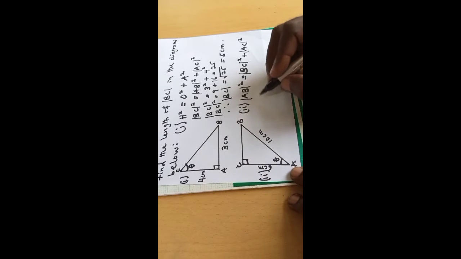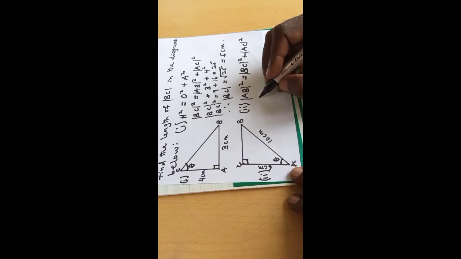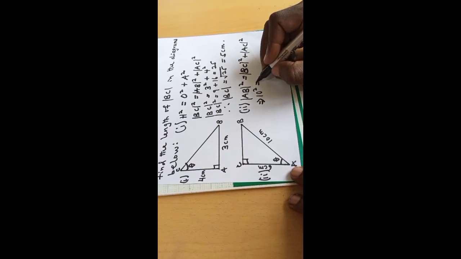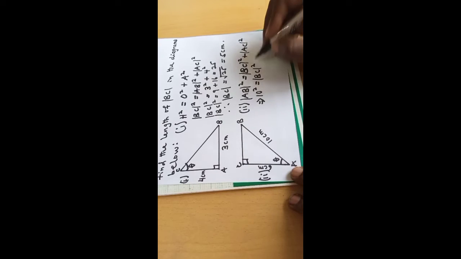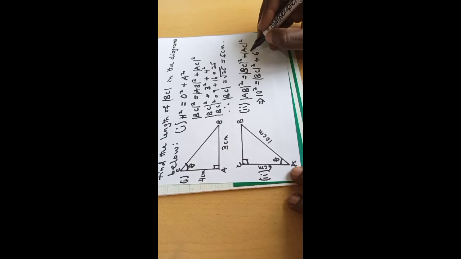Our AB we know is 10. So that will be 10 squared is equal to BC squared, which we don't know and have been tasked to find, plus our adjacent, which is AC squared.